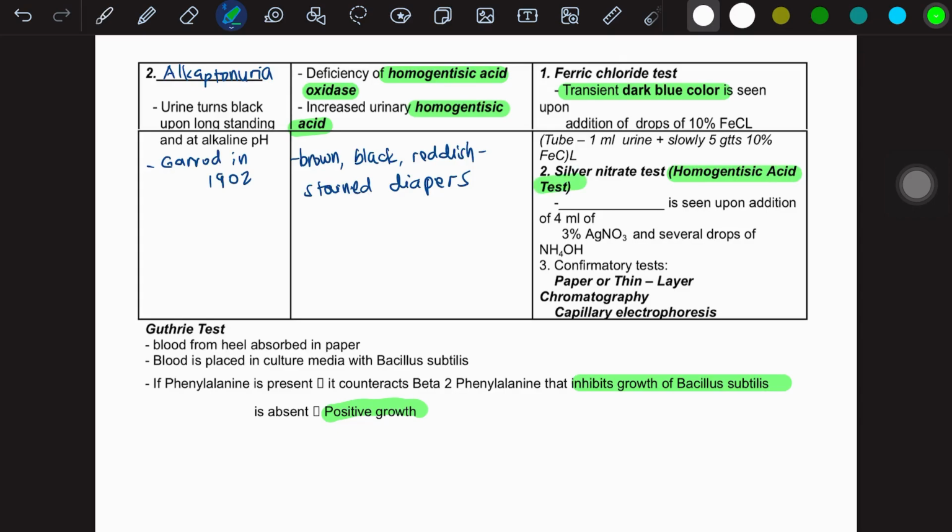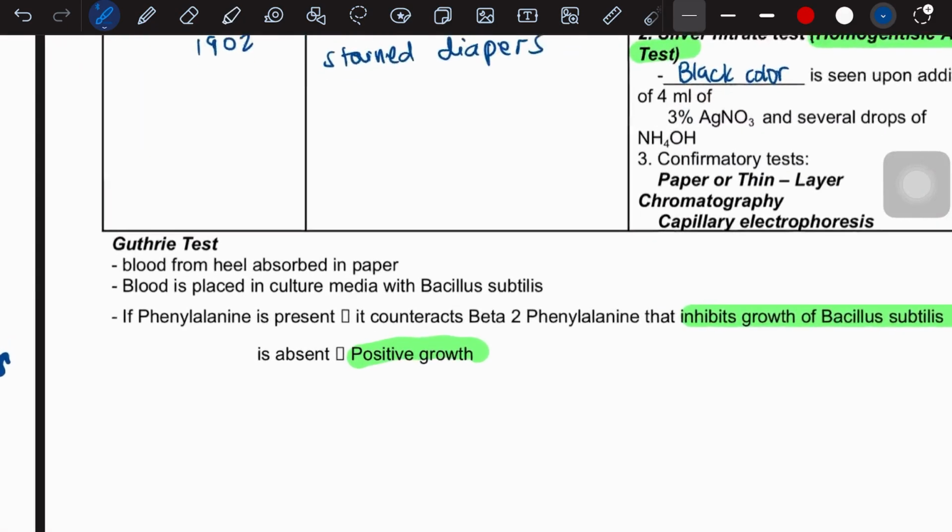So, unsa ang iyahang positive result? That is your black color seen upon the addition of our 4 ml of 3% silver nitrate and several drops of ammonium hydroxide.